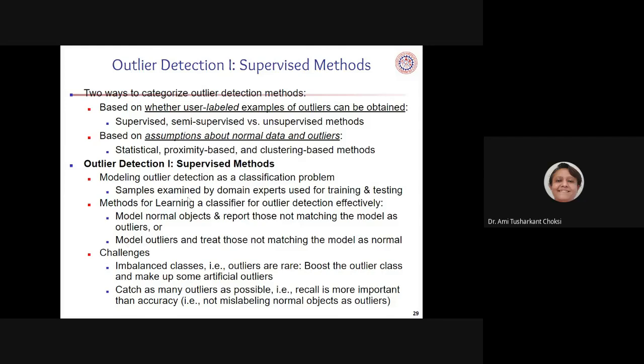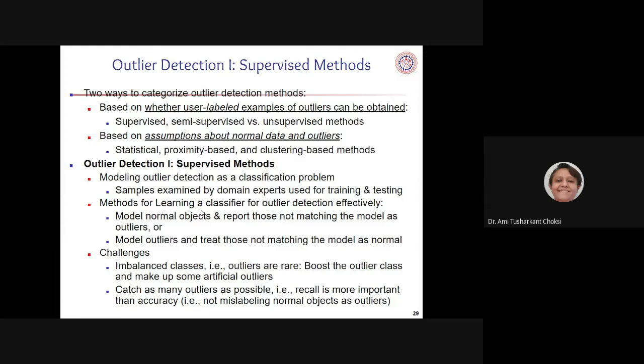Samples examined by domain experts are used for training and testing, because supervision should be there.